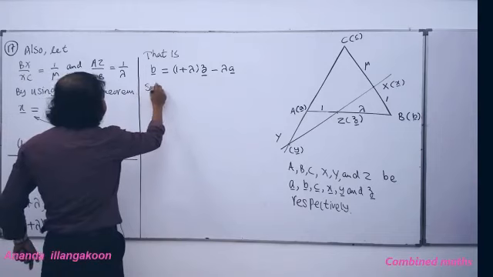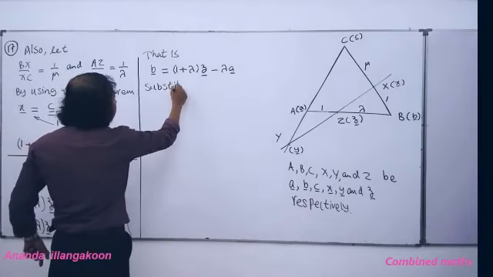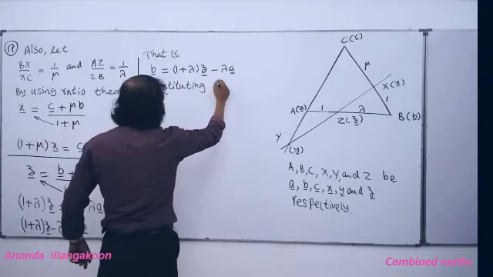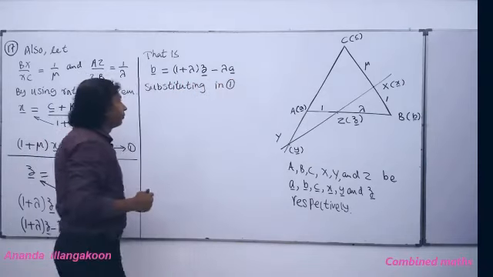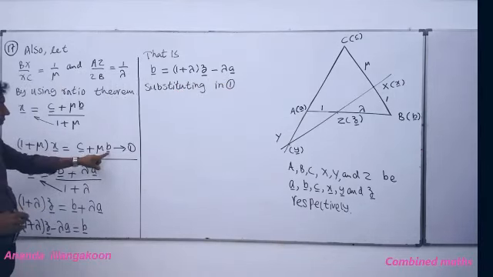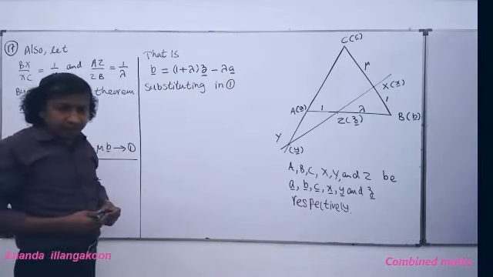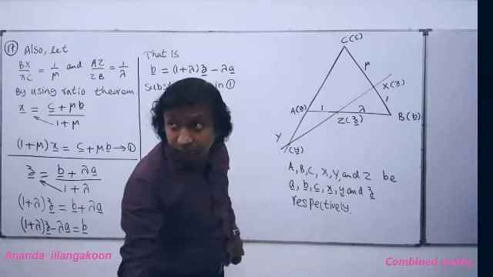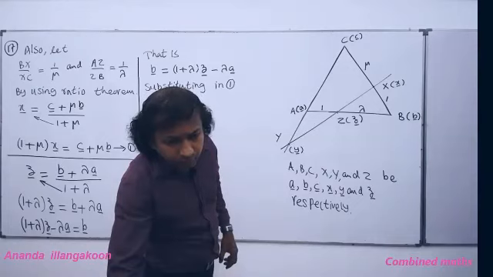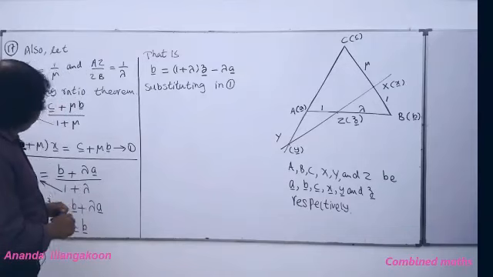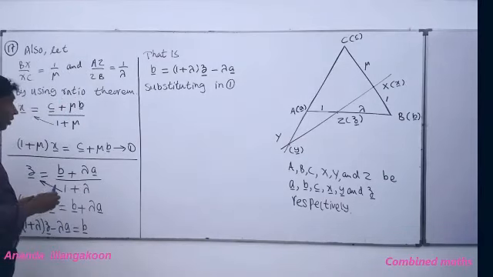Substitute in number 1. So substitute this b in number 1. Get the relation. And now just think how to take the next answer. Okay, people. Then let's see what we get there when I substitute like that.